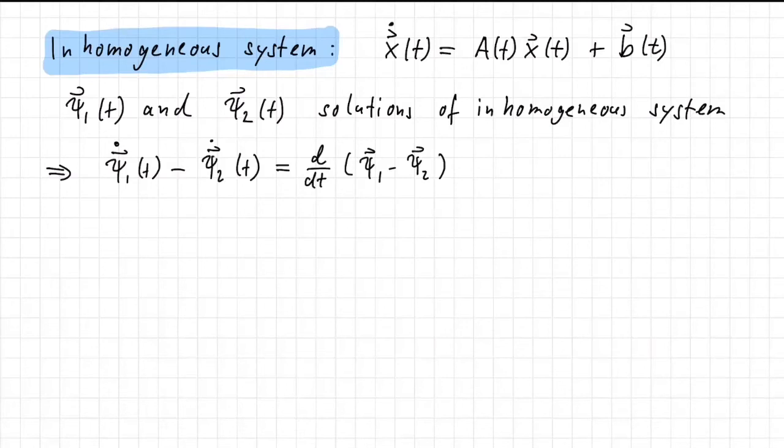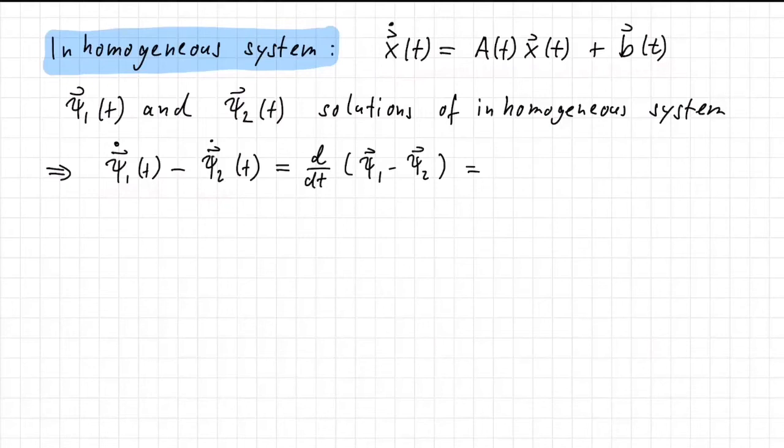Now, if we write it out, we can use the inhomogeneous differential equation here to write the expression for psi1 dot and psi2 dot. And when we take the difference, what we notice is that this vector b of t will drop out, because that's the same for both solutions.